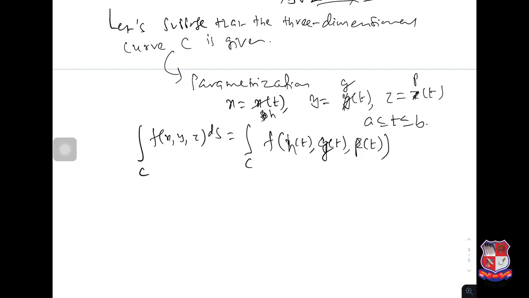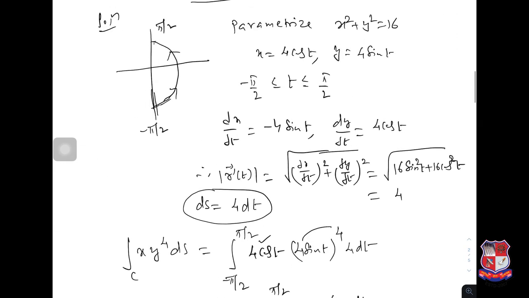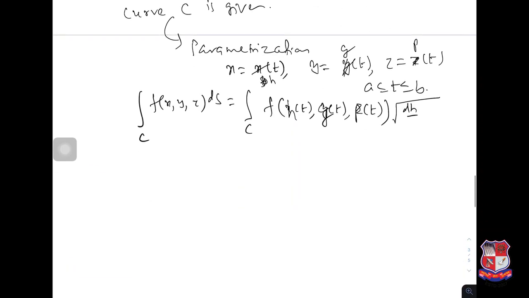Okay, and root of this h of t square, g of... okay, so dh by... so here also same way, dx by dt square plus dy by dt square and plus dz by dt square and dt.